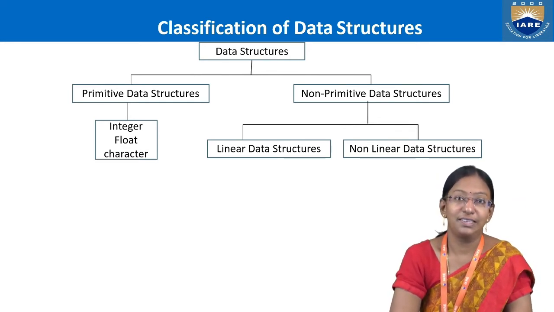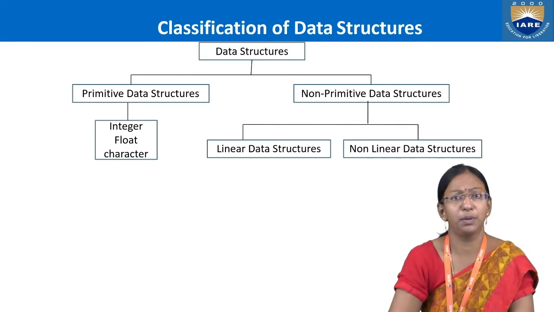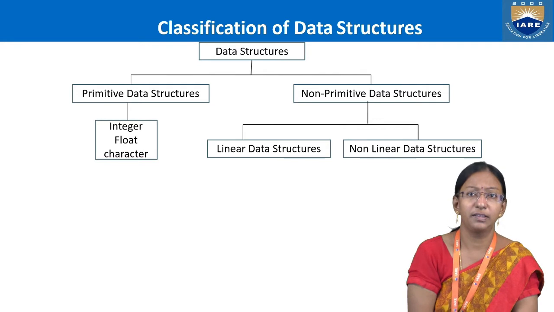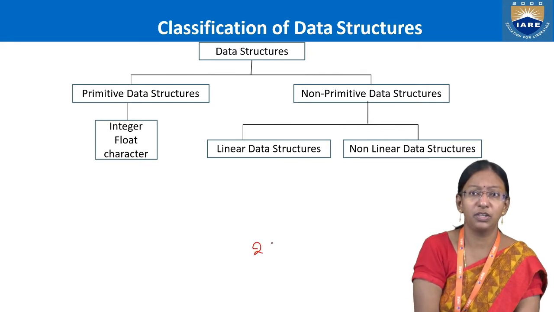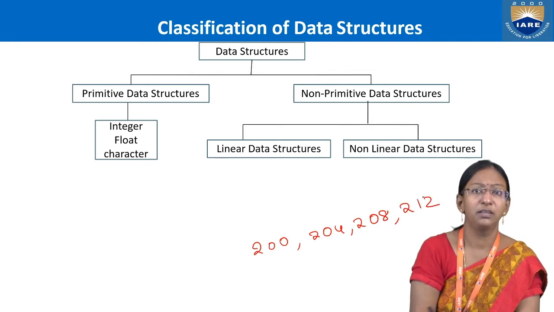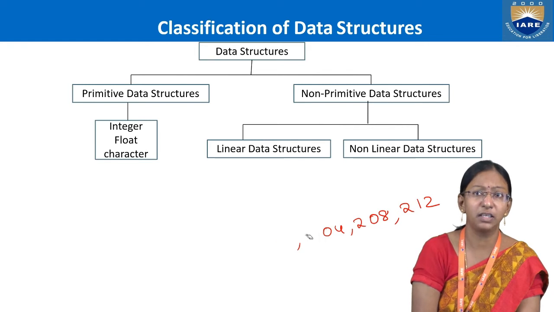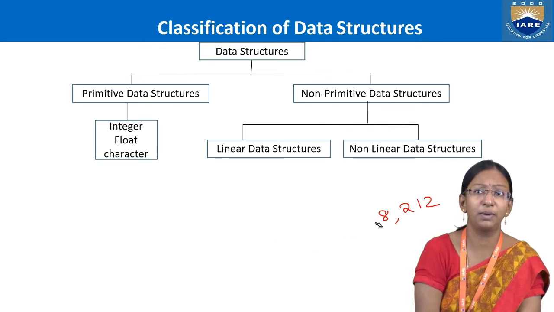A linear data structure is a data structure where data is stored in contiguous memory locations. Say, for example, if a data is placed in location 200, then the next data is placed in 204, next 208, next 212, like that, in continuous memory locations. When they are placed in continuous memory locations, we call them linear data structures.